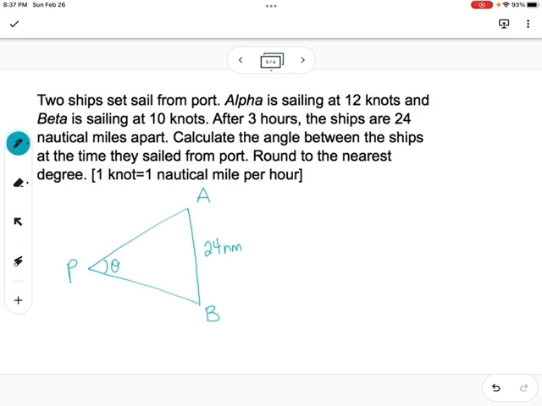So to find out for 3 hours, we would need to do the 12 knots times the number of hours, which is 3. So we get 36 nautical miles, and Beta is 10 knots. We multiply that by the number of hours, and we get 30 nautical miles. So we can put those into our triangle.